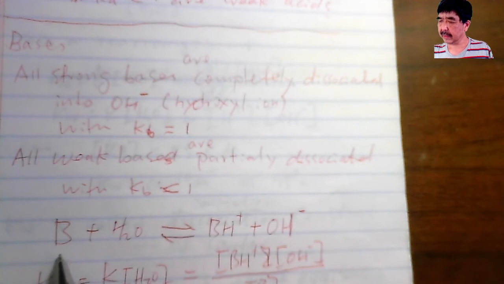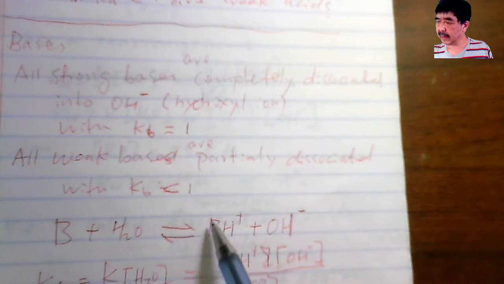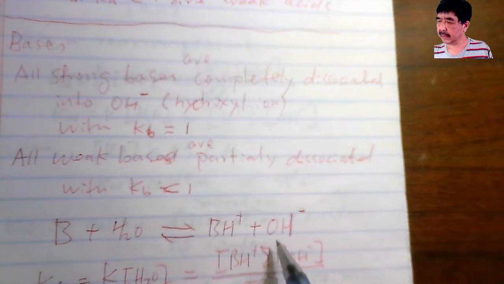Here you can see the reaction formula, and that also has two parts. The first part is forward, the second part is backward, and B is a base, water here is an acid. BH plus is the conjugate acid of B, and this hydroxide ion is the conjugate base of water.